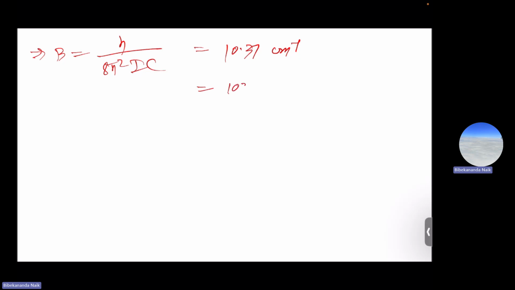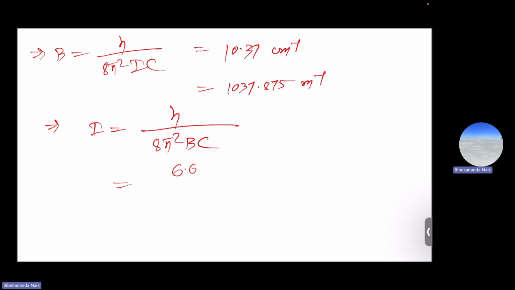So it will be 1037.875 meter inverse. That implies I will be h by 8 pi square B c. So h is 6.626 into 10 to the power minus 34 into 10 to the power minus 8 upon c.